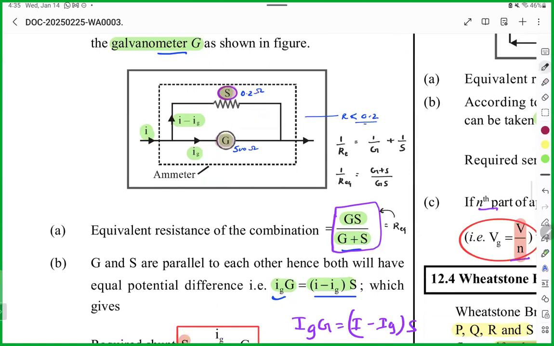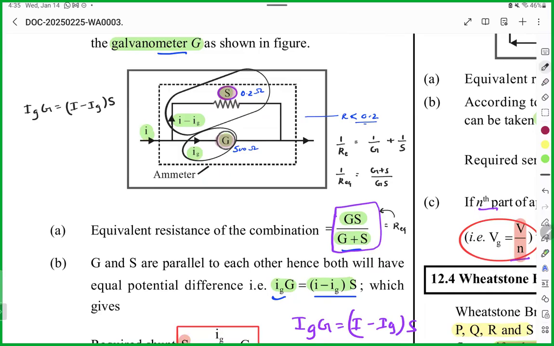Okay. In this case, both are in parallel. The potential across this will be equal to the potential across this. Both potentials will be the same. So the potential of the first is IgG, and the potential of the second is (I minus Ig) into S. Makes sense, guys?